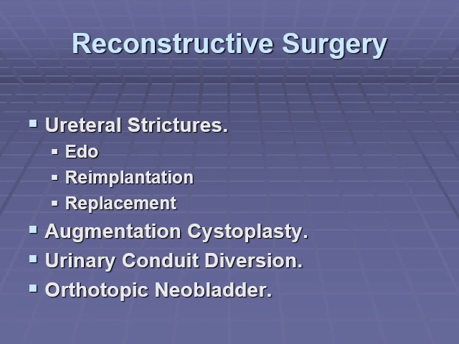But if the patient is healthy and of young age, I can do what's called an orthotopic neobladder, where the bladder is taken out and I take part of the ileum and fashion it like a bladder, and then anastomose this part of the ileum to the urethra, functioning as a new bladder.